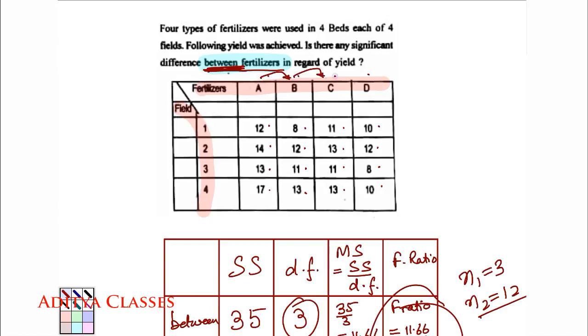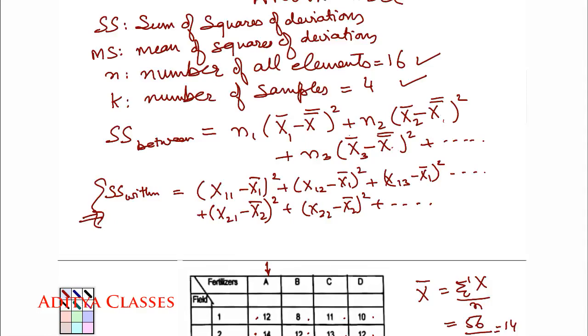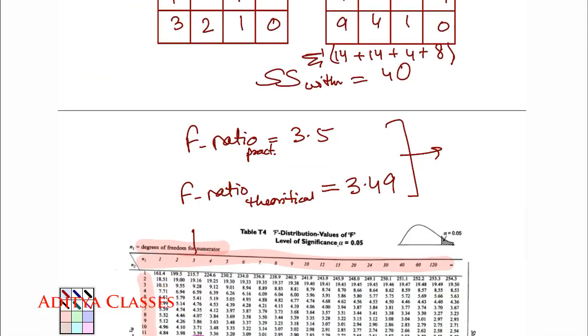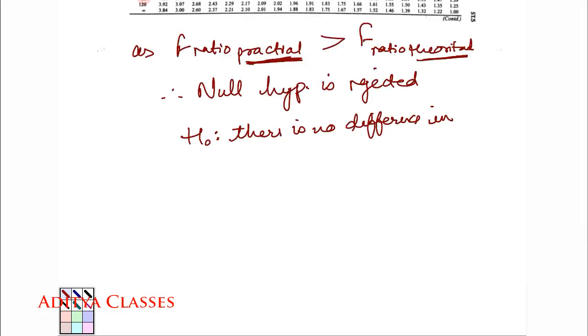These fertilizers are not different from each other. My null hypothesis would have been this, but it has been rejected. So we conclude alternate would have been there is difference in fertilizers.